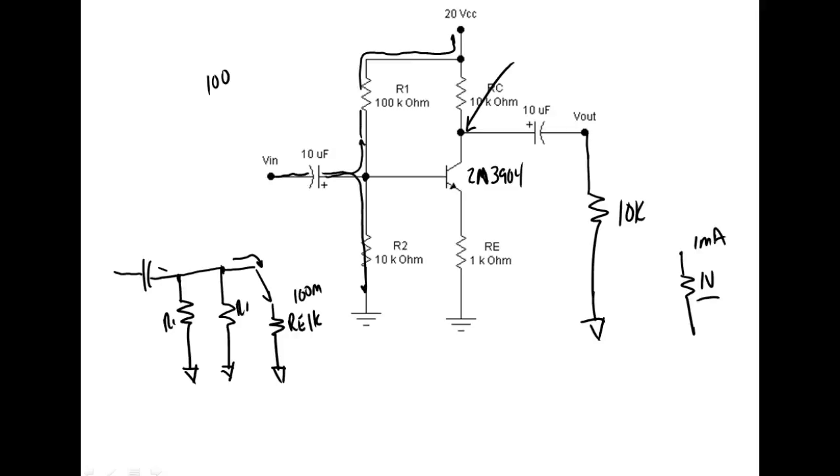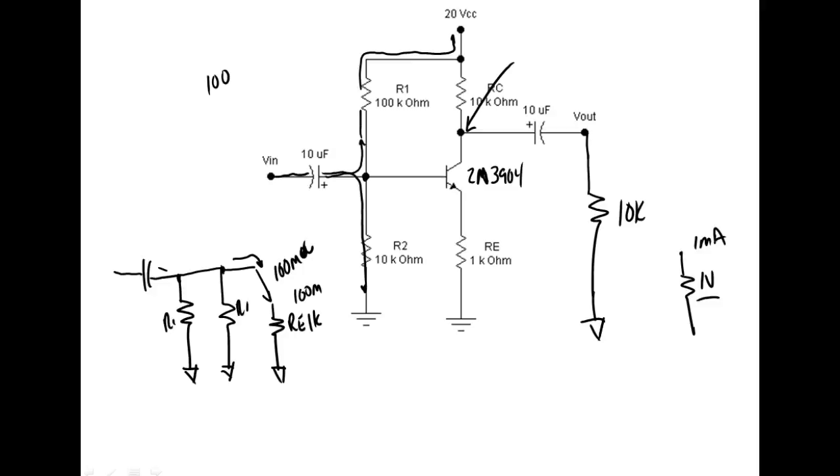But the transistor has that gain. So if this is 1K and it's going to see 100 milliamps, how many volts is it actually going to drop? 1K, 100 milliamps, I'm sorry, 100 milliamps. How many volts would it drop?